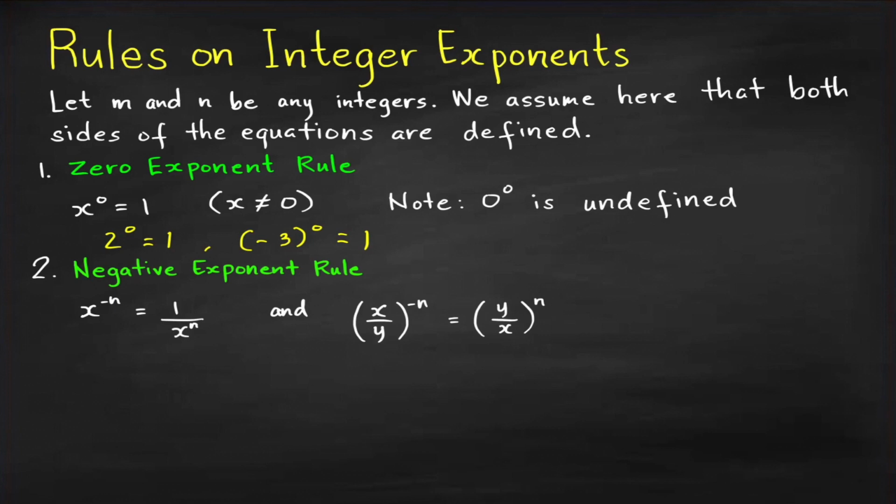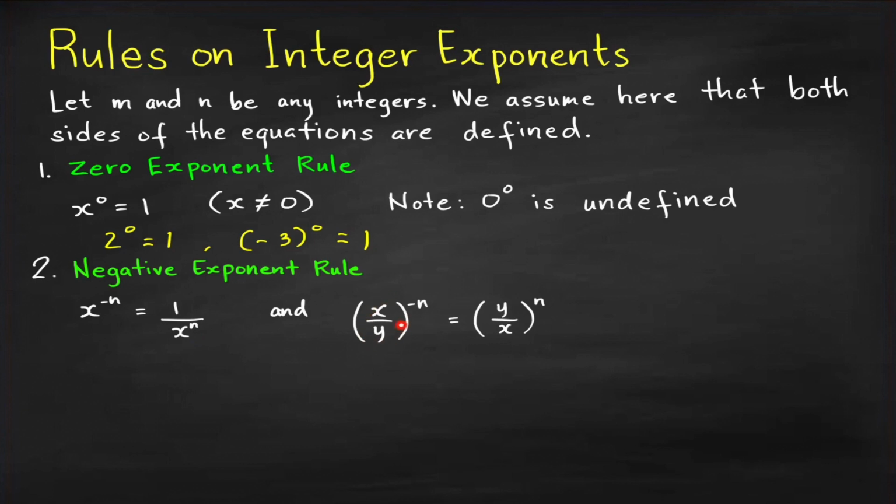The next rule is the negative exponent rule. Here we have x to the negative n is equal to 1 over x to the n. As you can see, this is like moving a factor from the numerator to the denominator. When you move a factor from the numerator to the denominator, you have to change the sign of the power, so from negative n to positive n.